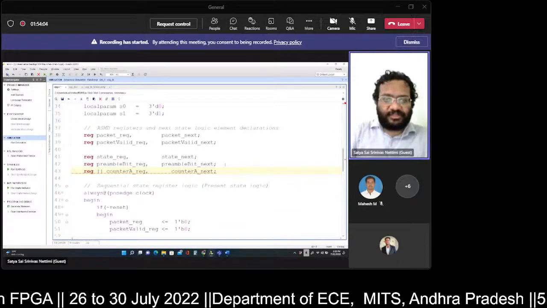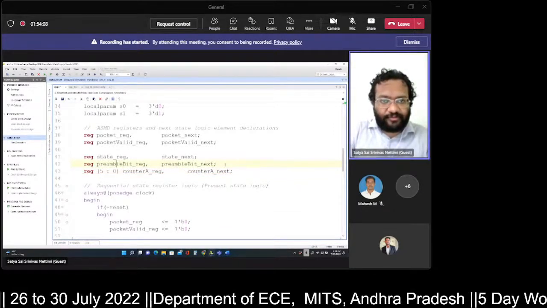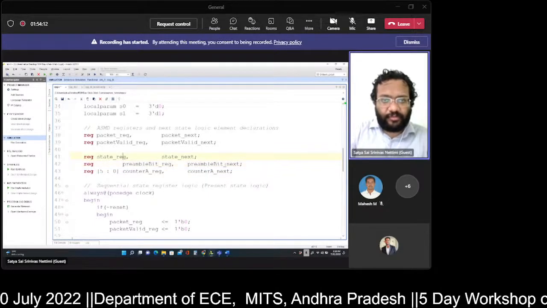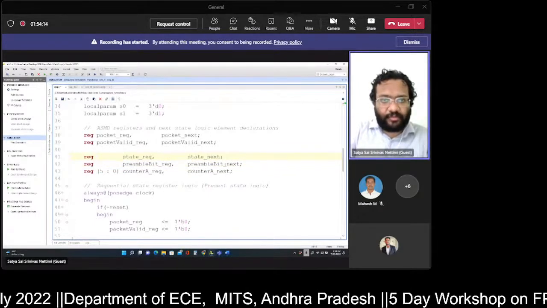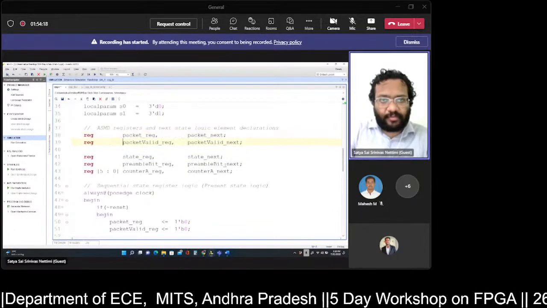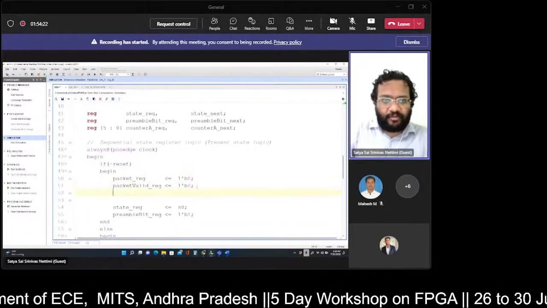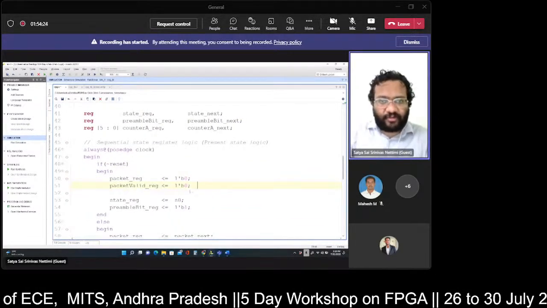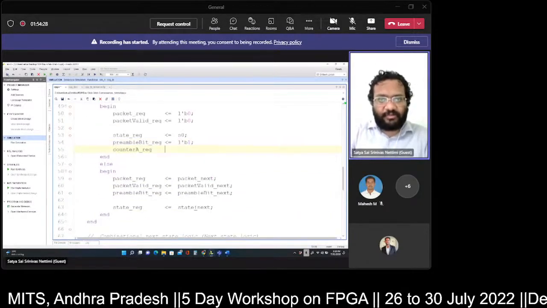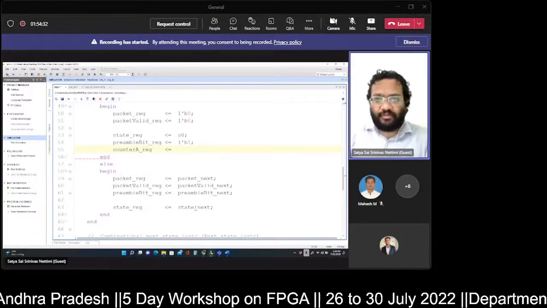So 6 bits means 5 down to 0. So again what I have to do is, when reset is coming, I need to reset the counter value.